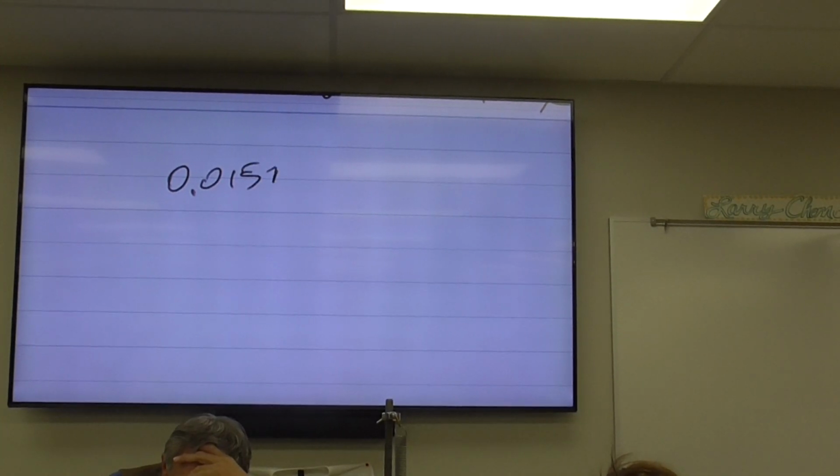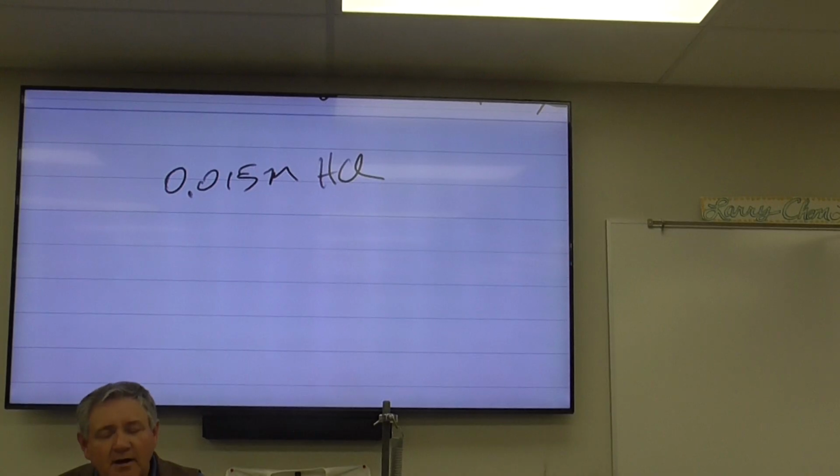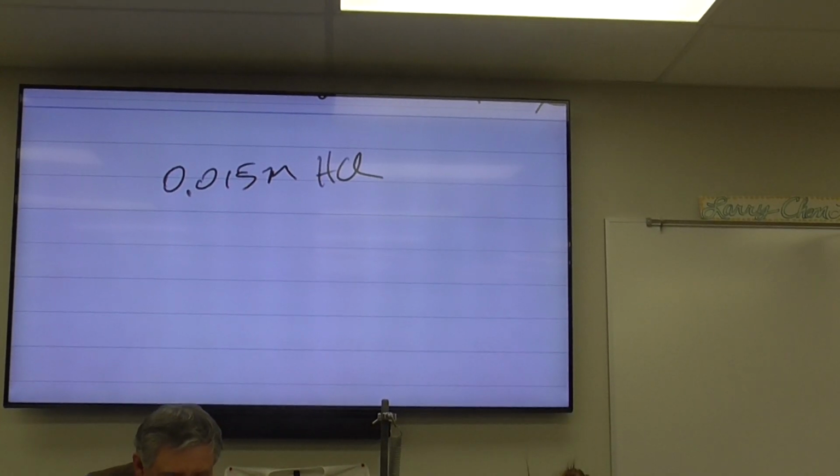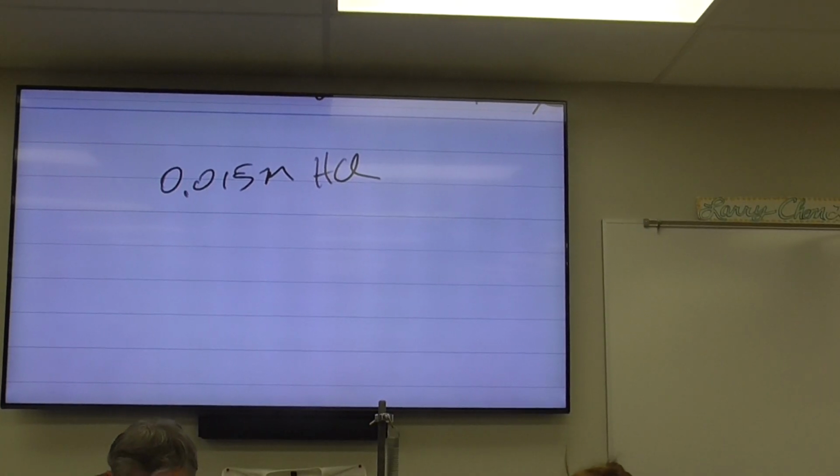Okay, so let's talk about the acid-base part of this. This is the one that kind of gives me the most concern. But it's a bigger picture. So if you start on number 9, you have 0.015 molar solution of hydrochloric acid. So this is why you have to know your strong acids. Hydrochloric acid is the quintessential idea.